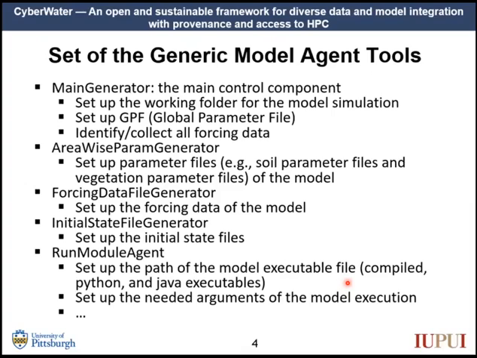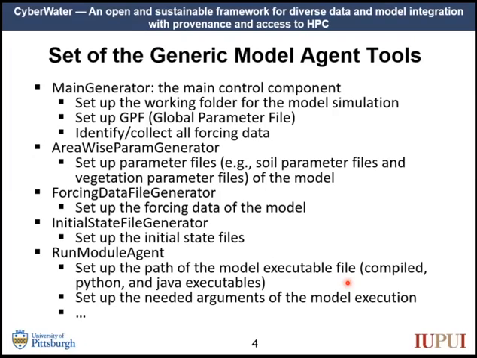Many models have global parameter files, which hold all kinds of configuration parameters that a model needs to initialize. Then we identify all the forcing data that the model needs and collect them at this entry point. That's what the main generator building block does.